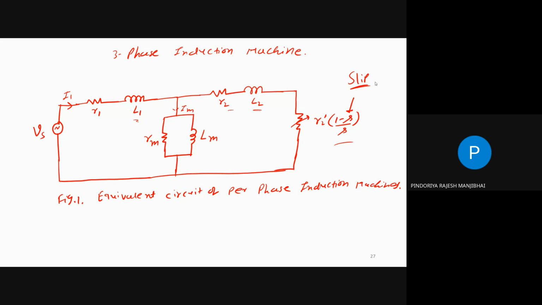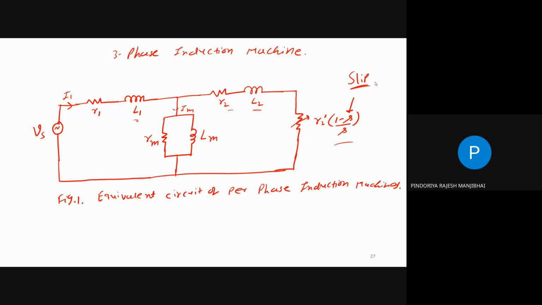This is a simple difference, because in the synchronous machine we are applying two power supplies, to the rotor as well as the stator. So it does not generate slip. Both the stator magnetic flux and the rotor magnetic flux are rotating at the same speed.